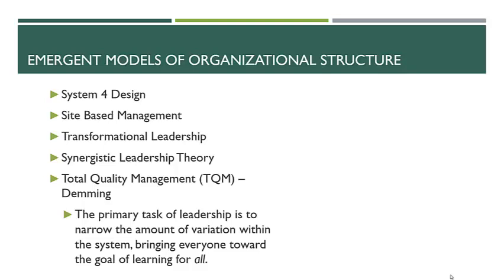Total quality management. This is Edward Deming, and this is really what has driven a lot of the work that I've done when working with schools. And what Deming says is the primary task of leadership is to narrow the amount of variation within the system, bringing everyone toward the goal of learning for all. And remember what I said when I said that schools are open systems.